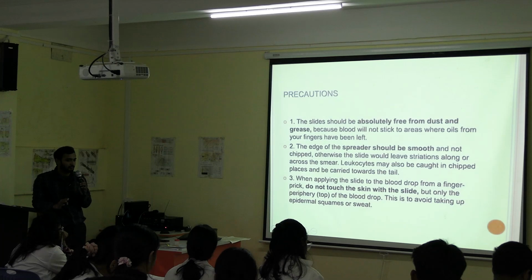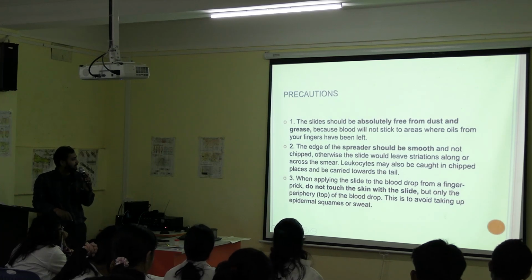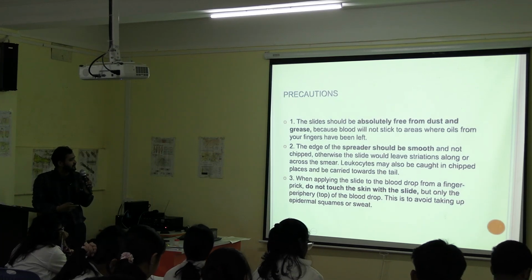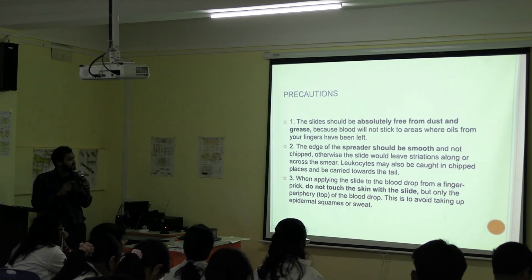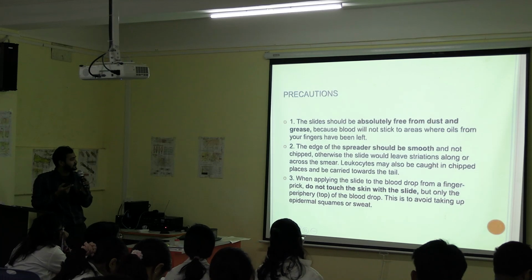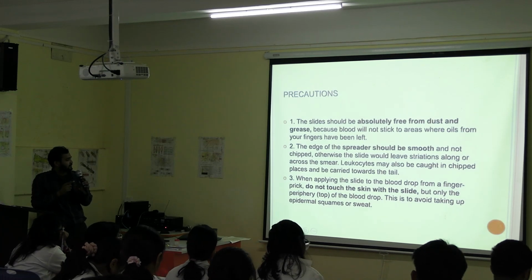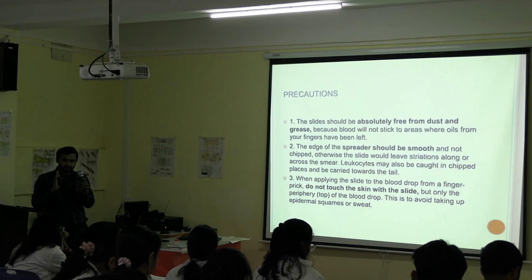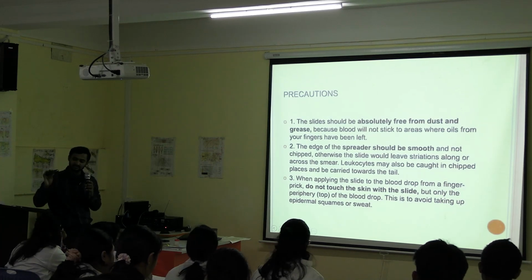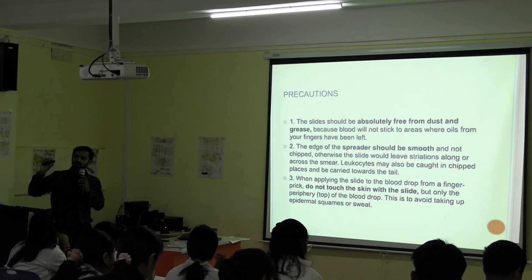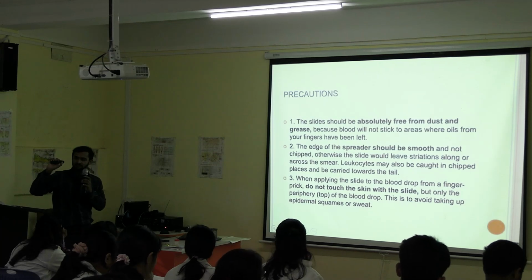When applying the slide to the blood drop from the finger prick, do not touch the skin with the slide, only the periphery of the blood drop. If this is the slide, at least 1 centimeter you have to keep as space.